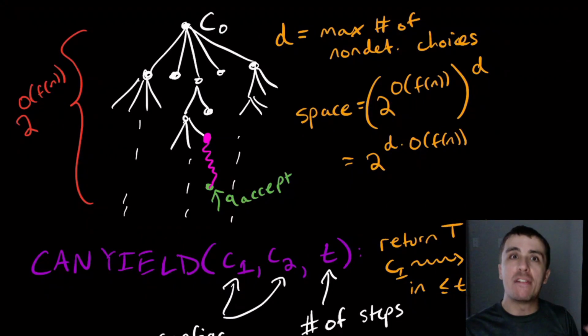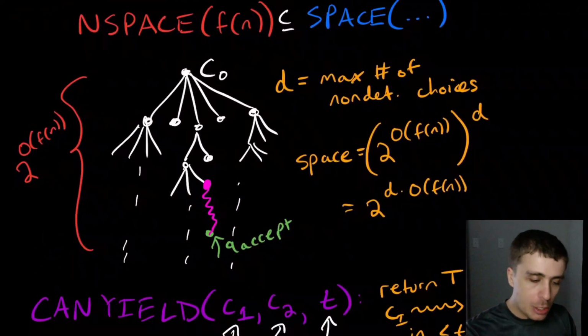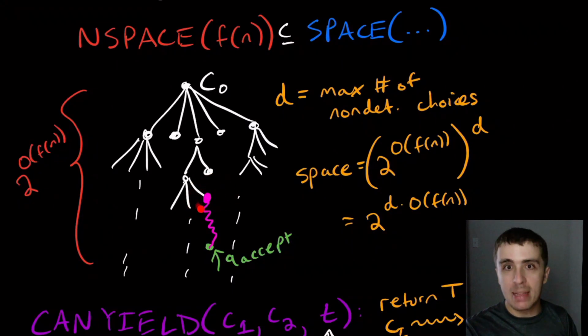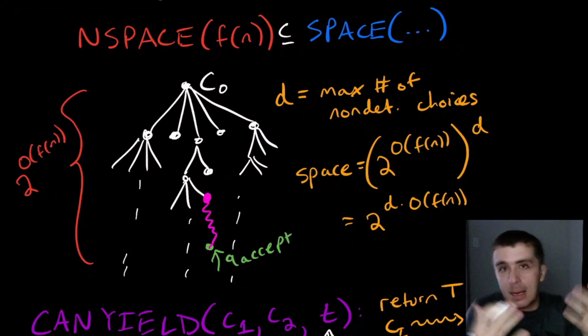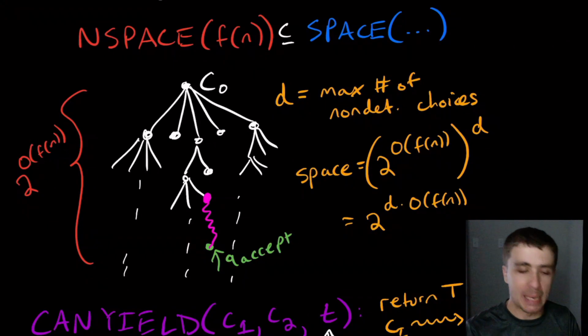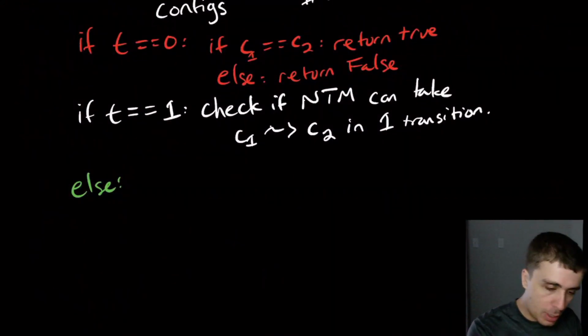So if we use f of n space, because we know the Turing machine uses at most f of n times a constant amount of space, then that means that whatever configuration is right here, the one in the middle, I know it uses at most f of n space. So just try every single possible one with f of n space. So that's what we're going to do.